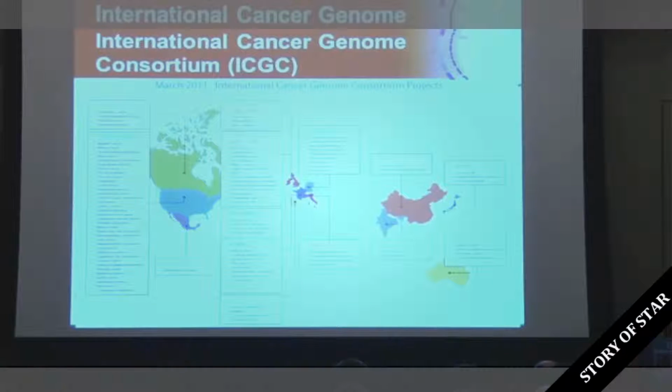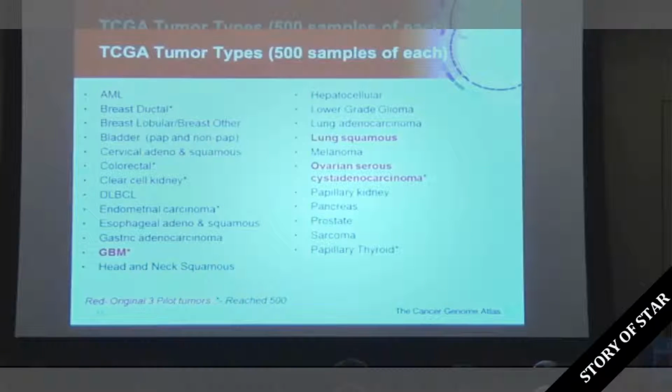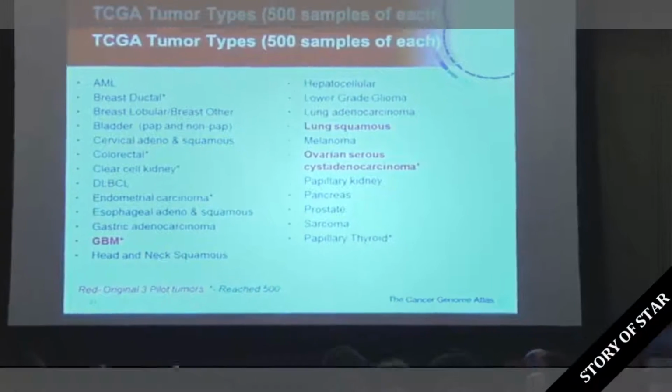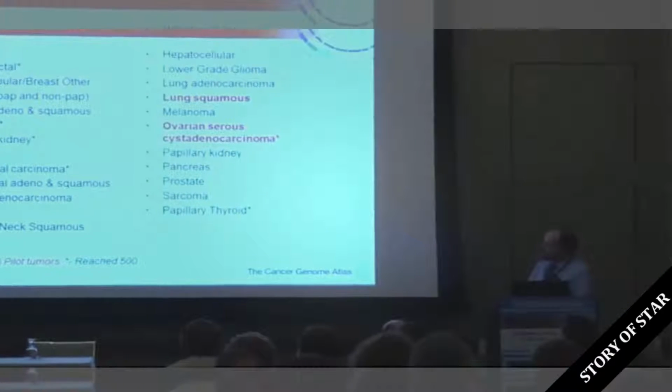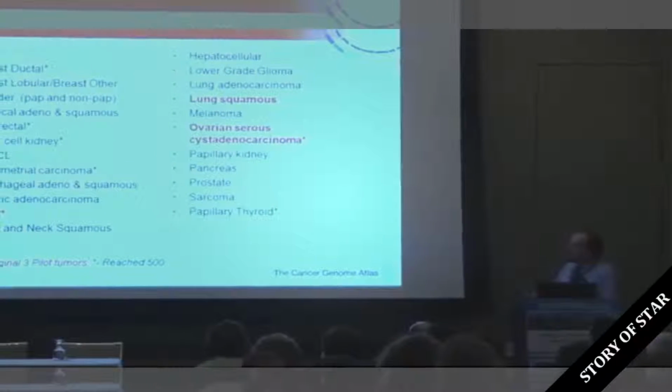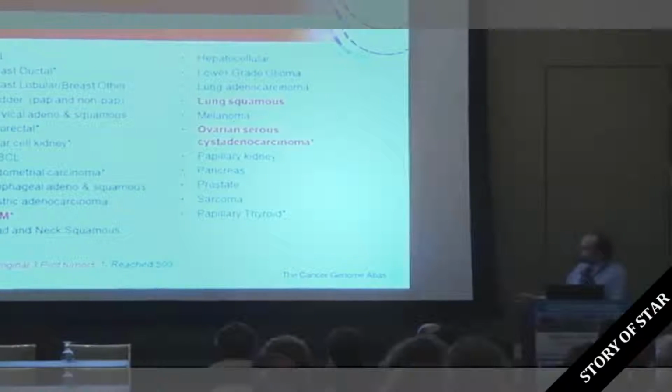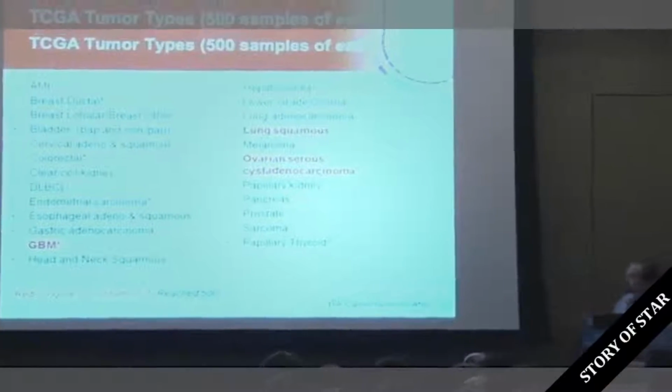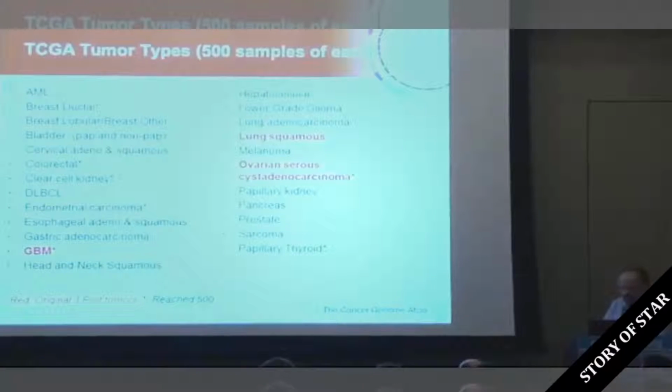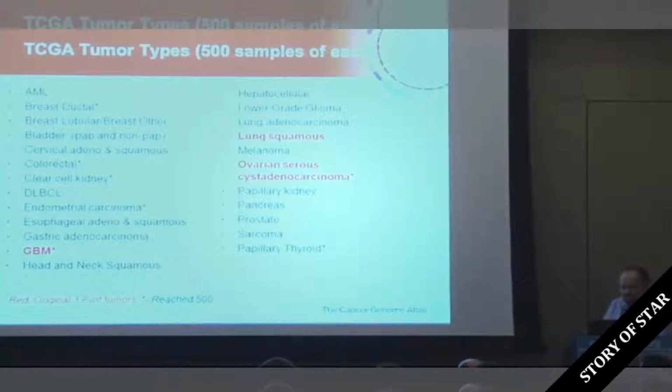So there are complementary efforts. The TCGA itself has selected a number of different major cancers for this project, and they're listed here. The 3 original ones are in red and have already been completed, essentially.